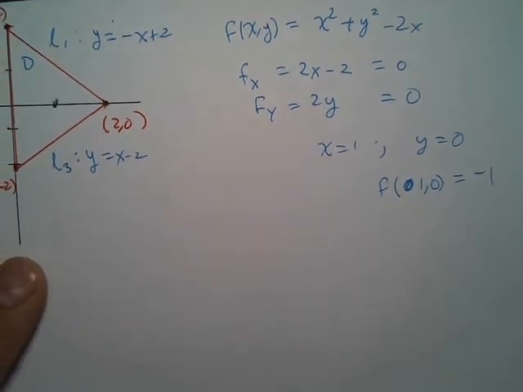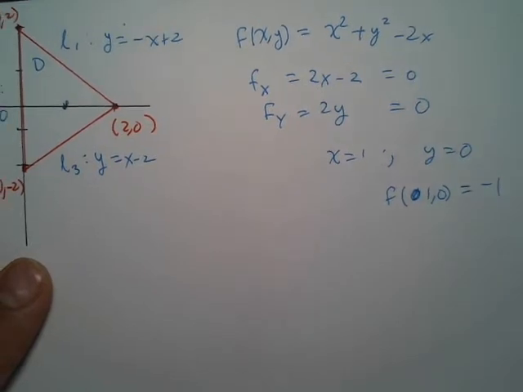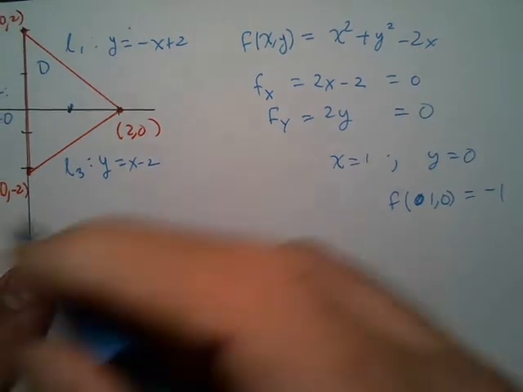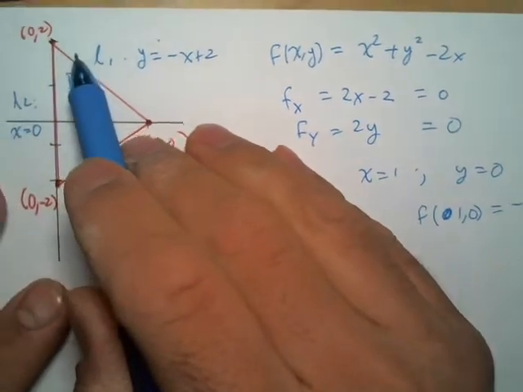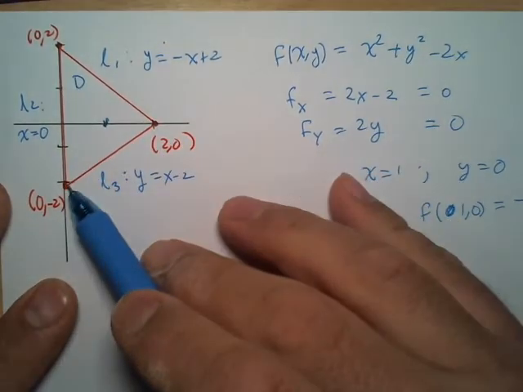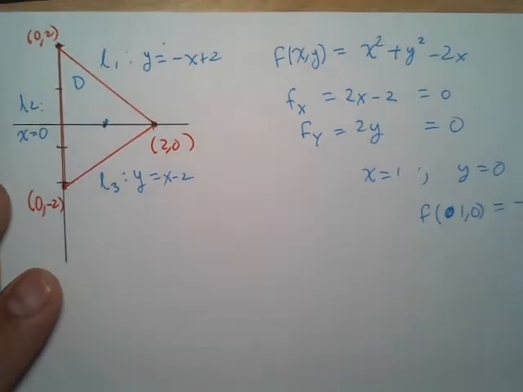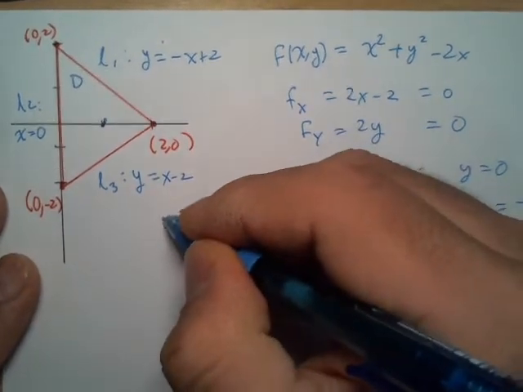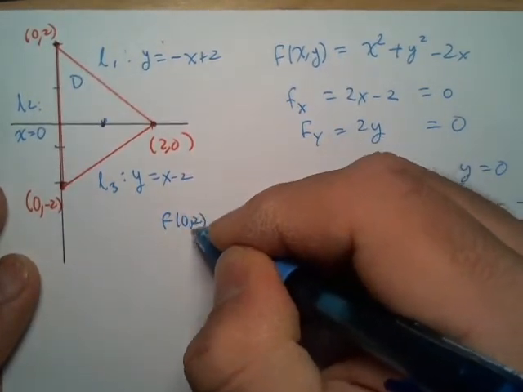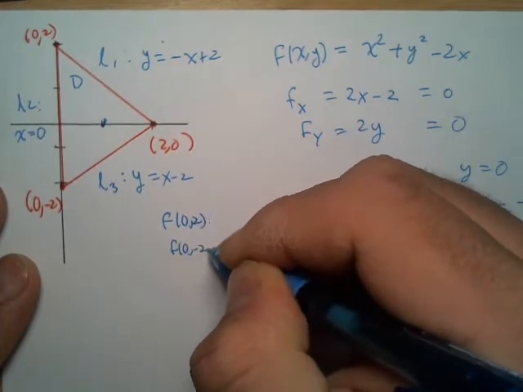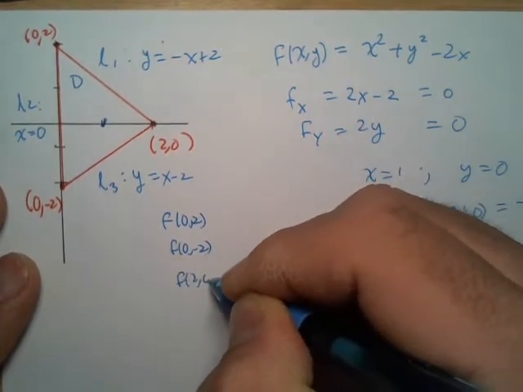So now we need to check what is happening on the boundaries. And by the boundaries, I don't just mean what is happening at the endpoints of the boundaries. We can check those. We can find out what happens at (0, 2), (0, -2), and (2, 0).